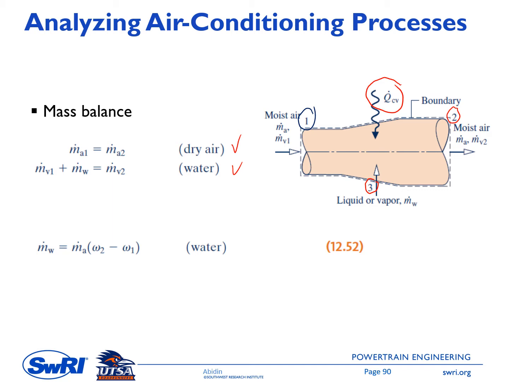And then if we divide each term in this equation by m dot a, we get equation 12.52, where m dot w equals m dot a times omega 2 minus omega 1.